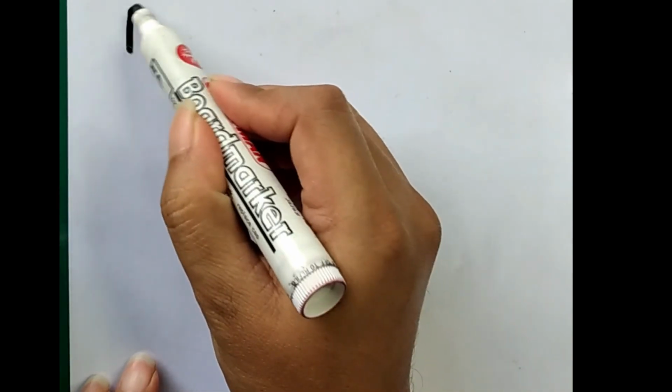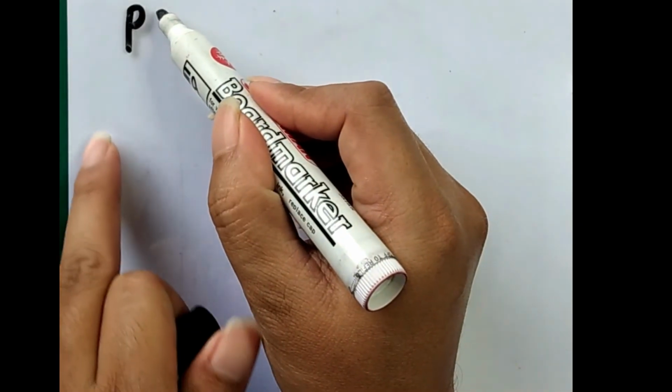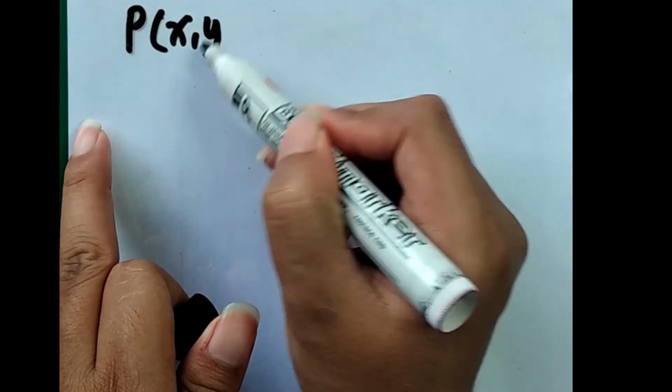So for this kind of problem, we take one of the points. Let's say we take P. Coordinate of P is x, y.